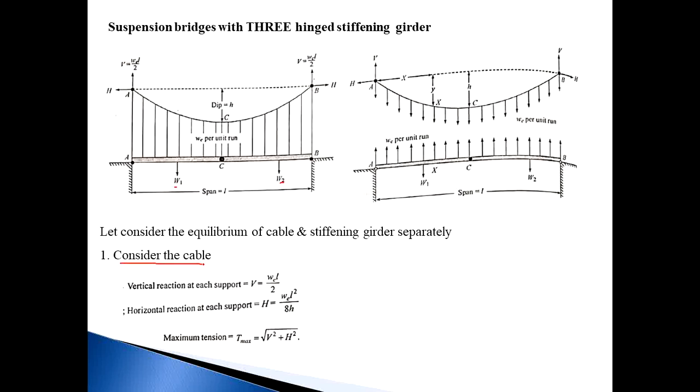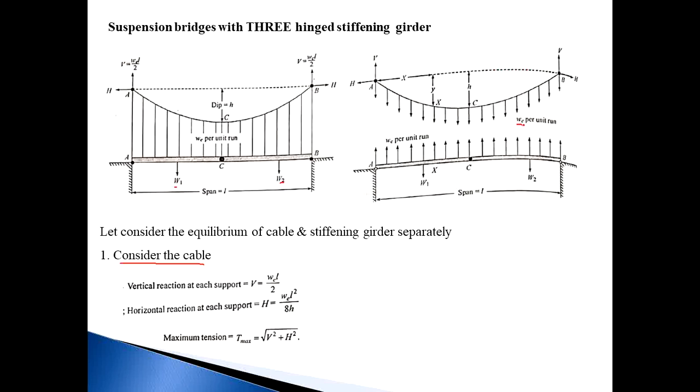First, consider the cable. As per the previous problem discussed, it is the same type of problem for the cable: the total load of the cable is carried by two supports, A and B. How to calculate total load? Intensity of the UDL multiplied by length of the girder.